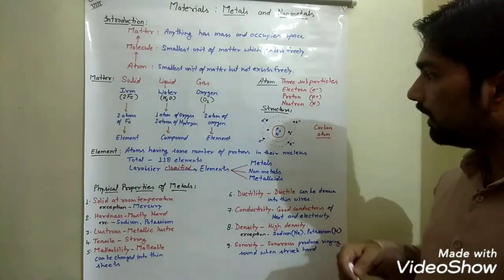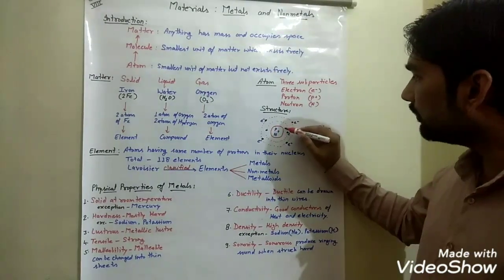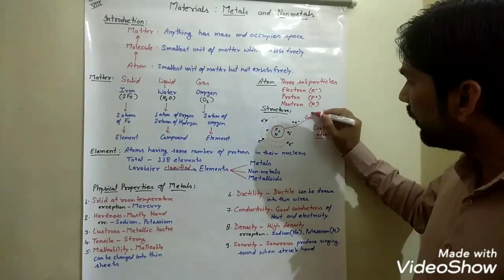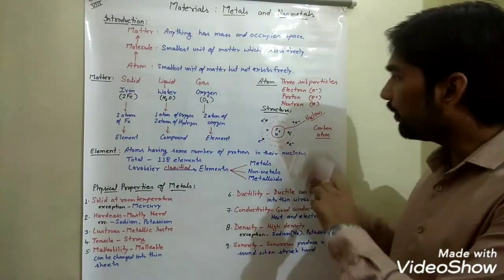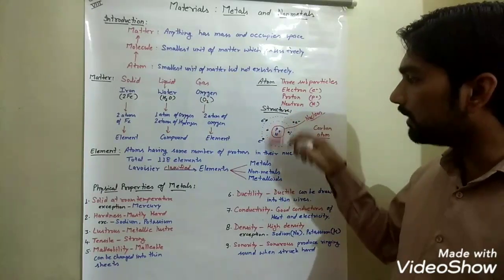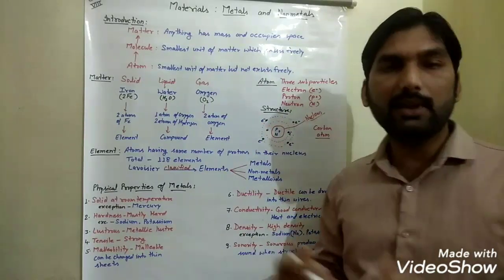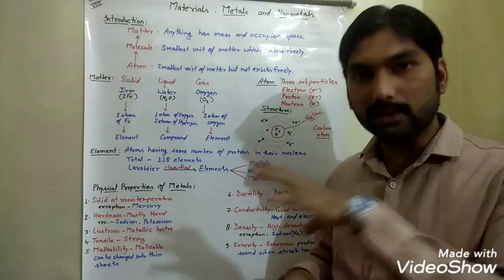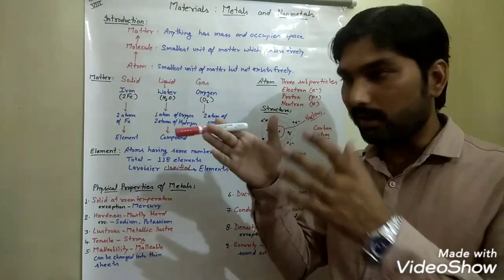The central region of any atom is known as the nucleus, and in this nucleus, protons and neutrons are filled, and electrons roam outside the nucleus in orbits. As in the solar system, the sun is placed at the center and all the planets roam around the sun in their fixed orbits.